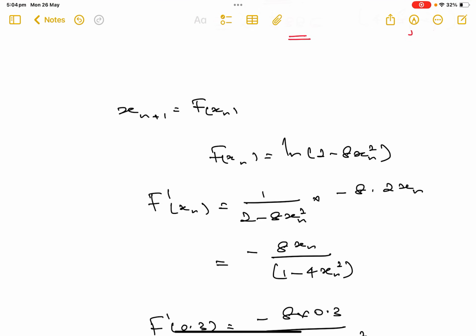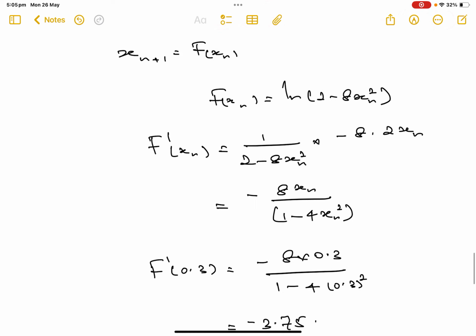The next one. So x(n+1) is given by another iterative method, for f(xn). So f(xn) is given as ln(2 minus 8xn squared). And then they gave us f dash of 0.3. So just before that, let's differentiate. F dash xn: differentiate this function.